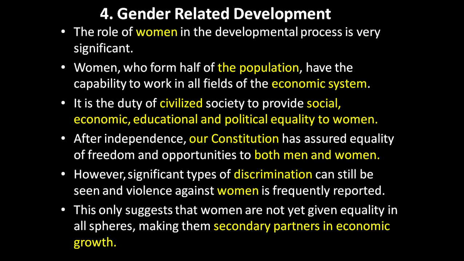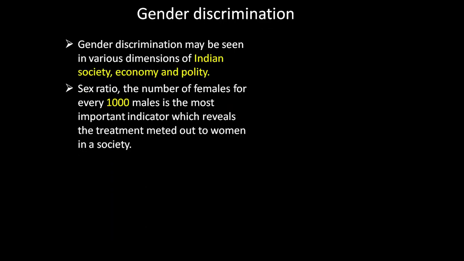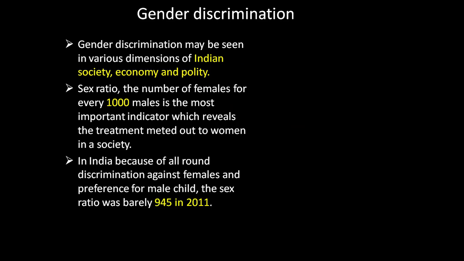This only suggests that women are not yet given equality in all shapes, making them secondary partners in economic growth. Gender discrimination may be seen in various dimensions, especially in Indian society, economy and polity.